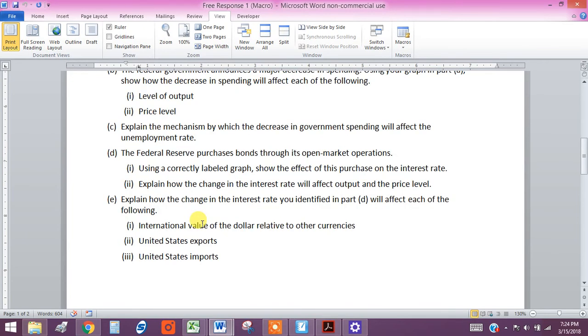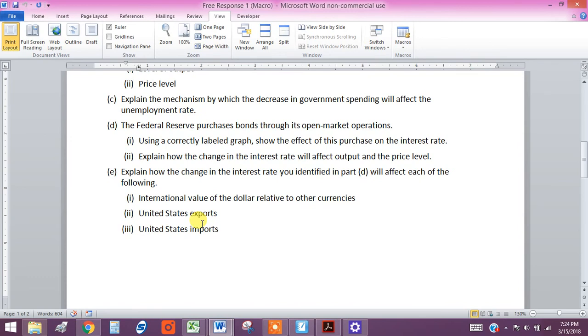Now we need to finish up here and look at what's going to happen to the international value of the dollar. Well, if the interest rates go down, that means that foreigners are going to be less likely to want to buy bonds or invest capital into our economy, because they're going to get less of a return on their investment.